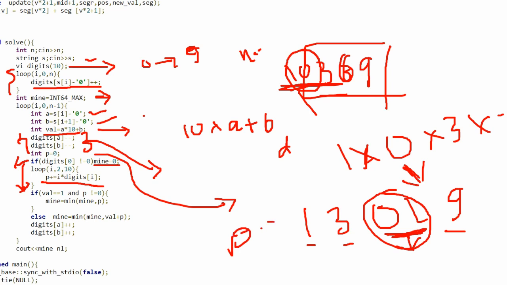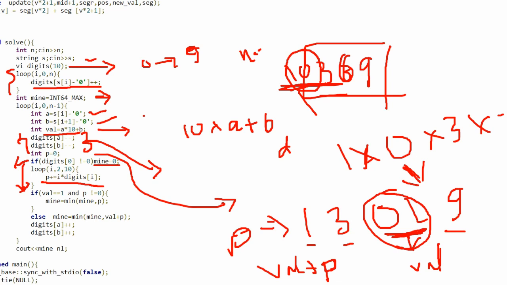So instead of adding this two-digit number, that is val in our case, instead of doing val plus p, we would simply multiply val into p. And so here is, if val equals to 1 and p is not equal to 0.